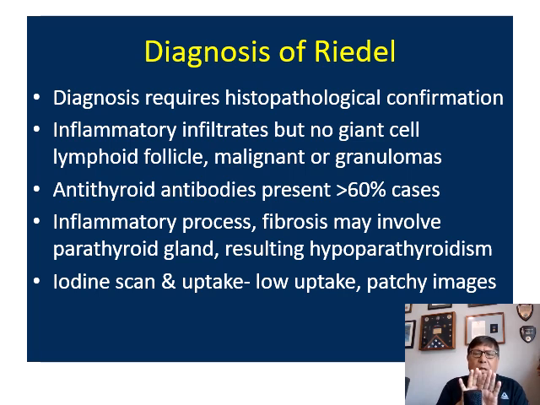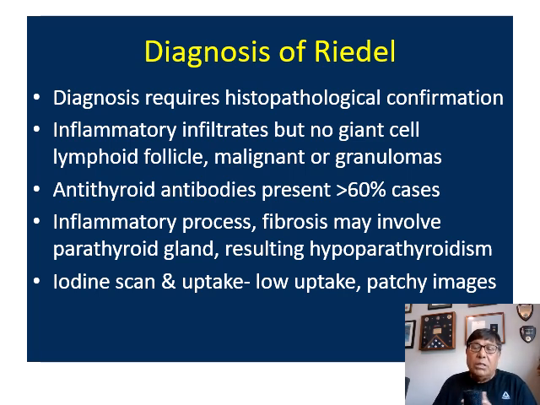Those have to be excluded by histopathological examination. Thyroid antibodies are present in more than 60% of the cases. So if that is there, it does not fall within the criteria of non-autoimmune thyroiditis anymore.